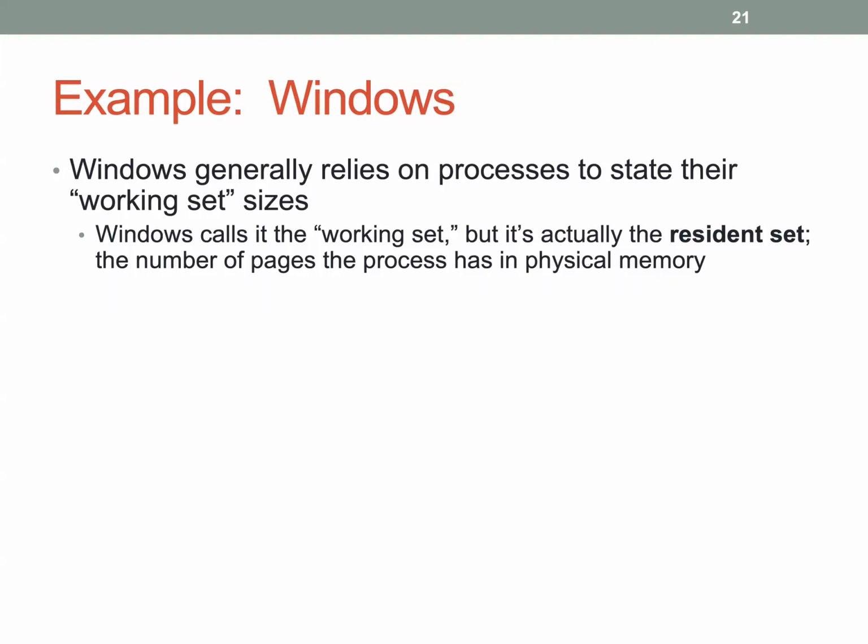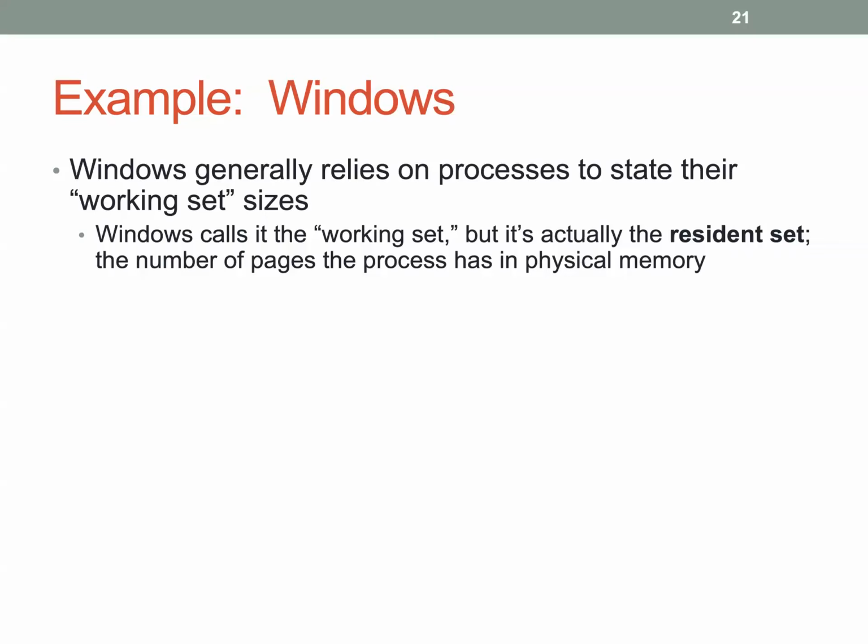And you might say, well, how is that different than your working set? Well, remember that your working set is the number of pages you're using, and the resident set is you saying this is how many frames I'd like. Your estimate of how many frames you need may not match the actual size of your working set. So let's hope programs guess well when they're guessing what their resident size should be.